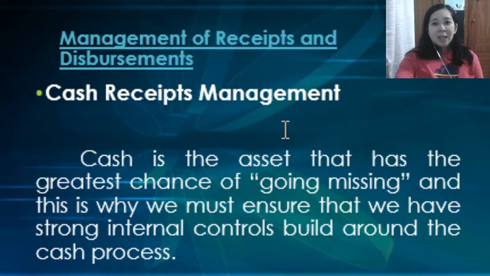So cash is the asset that has the greatest chance of going missing because it is normally on hand. And this is why the enterprise should ensure that they have strong internal controls built around the cash processes to avoid such losses.